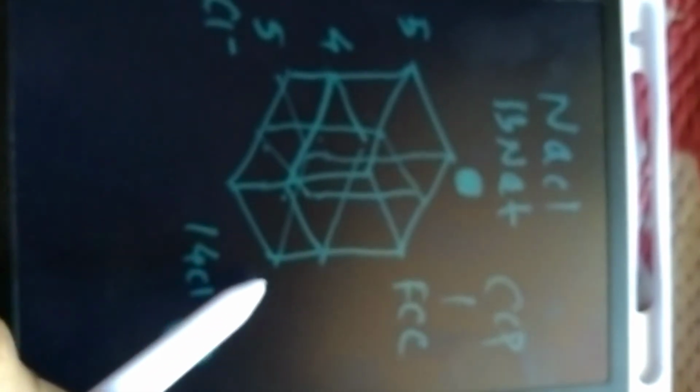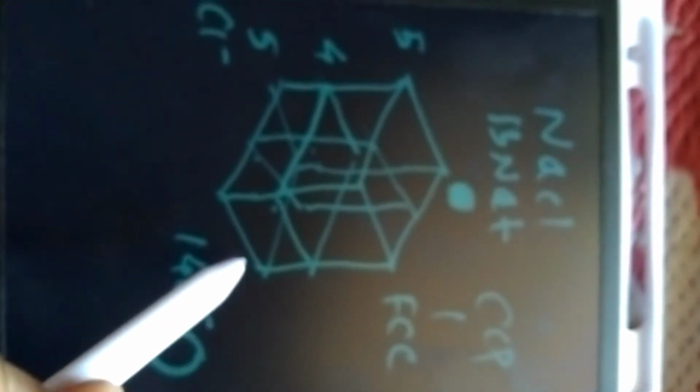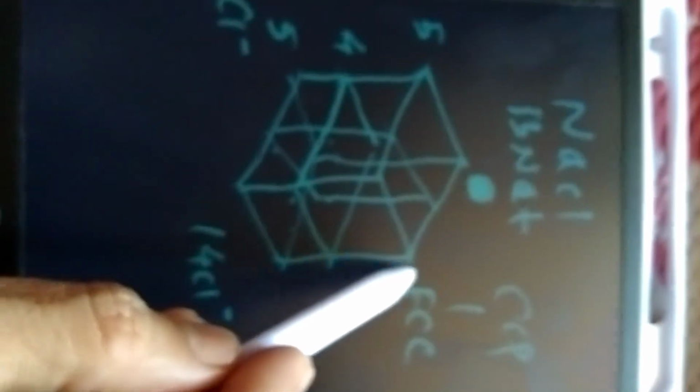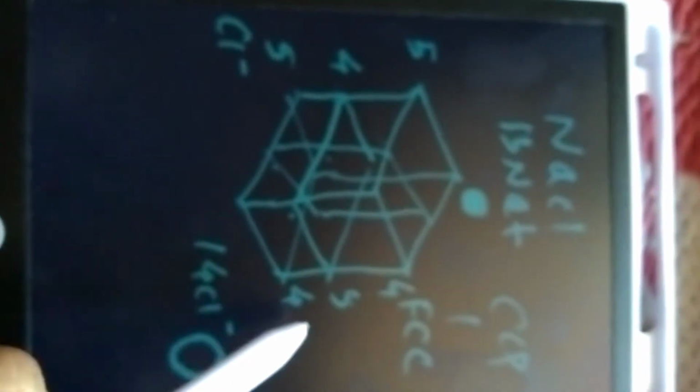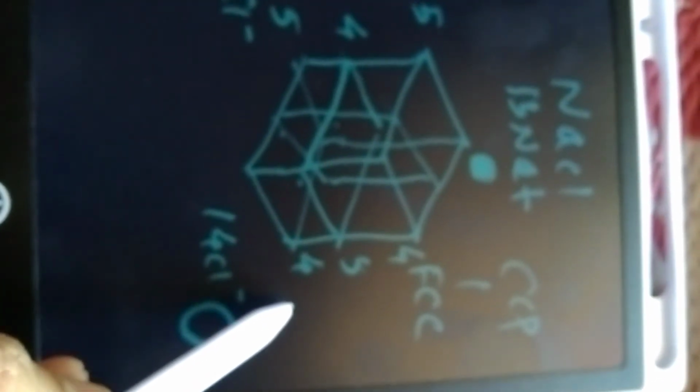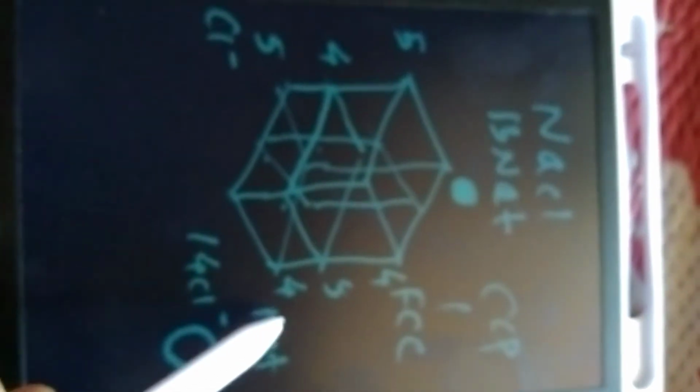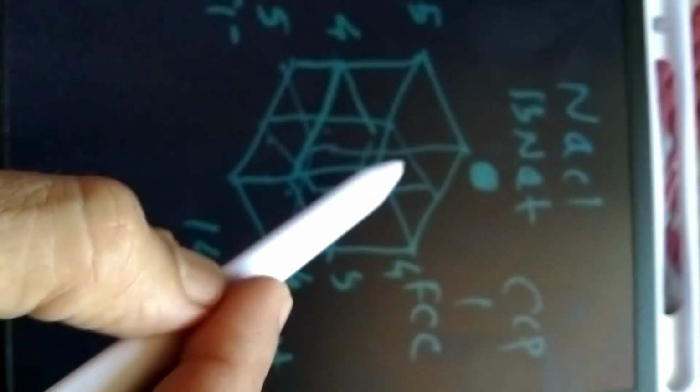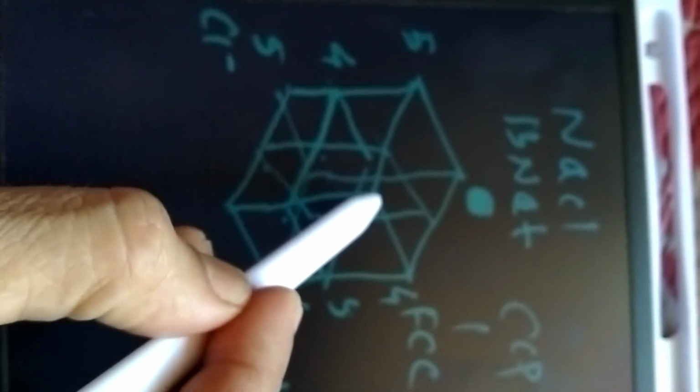From top to bottom, the first, second, and third layers consist of 4, 5, 4, that is 13 Na+ ions. This is how they are present in the planes of the unit cell.